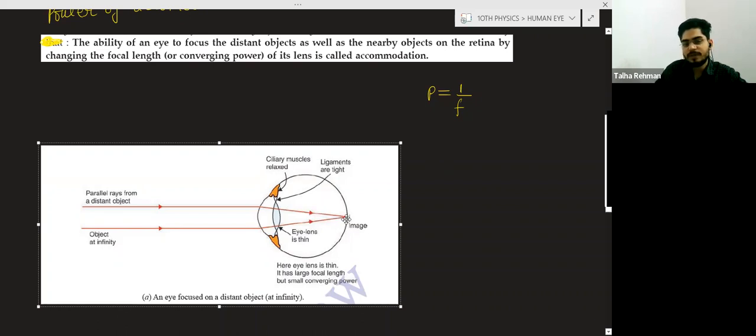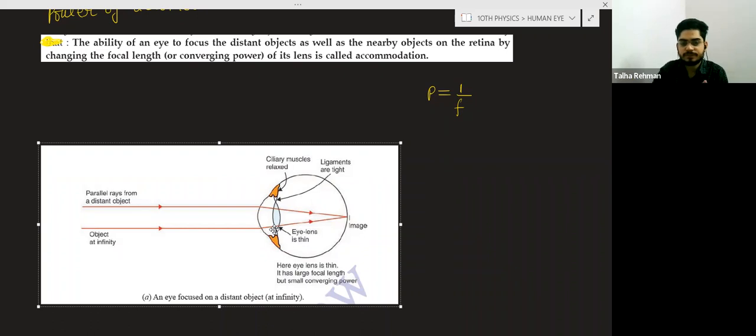So this is your eye lens, and these are the ciliary muscles. Okay, these are the ligaments. And one thing here means, in this condition, when the object is far, the ciliary muscles are relaxed.